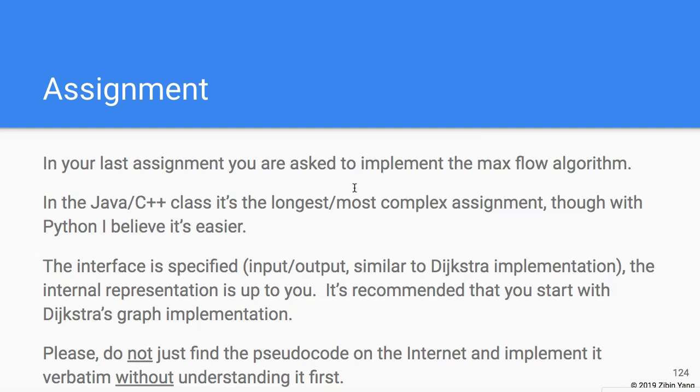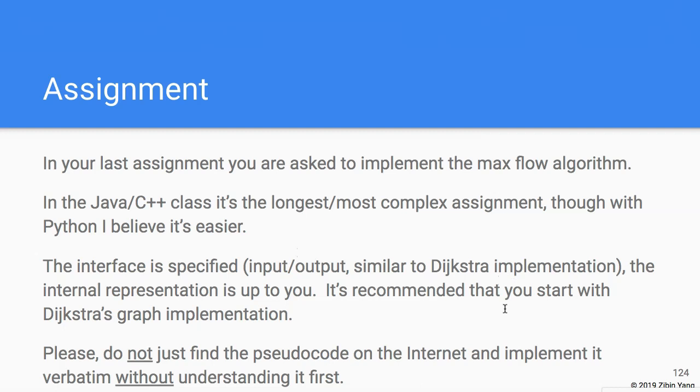For the classes it is the longest and most complex assignment, although I think with Python it's quite a bit easier. In the assignment I specified the interfaces for the input, which is basically how we specify the graph, the edges and the vertices, and then the output. I also have a specification for it.